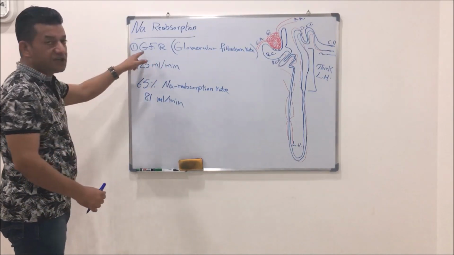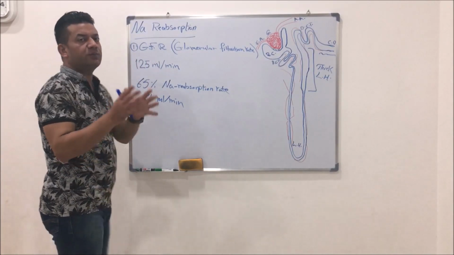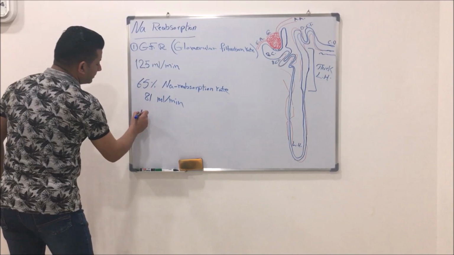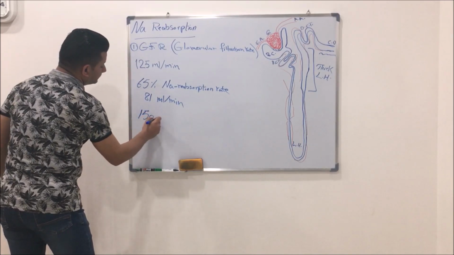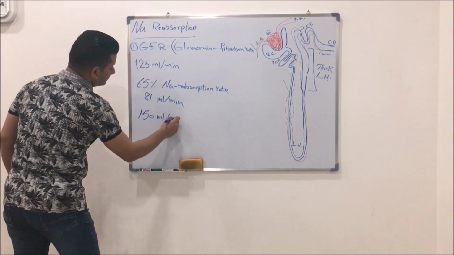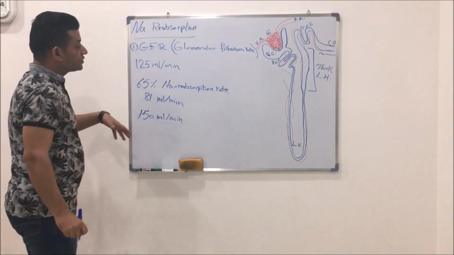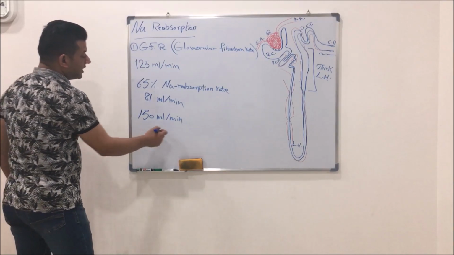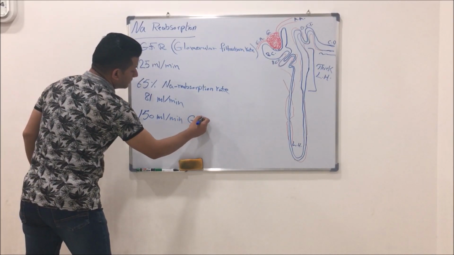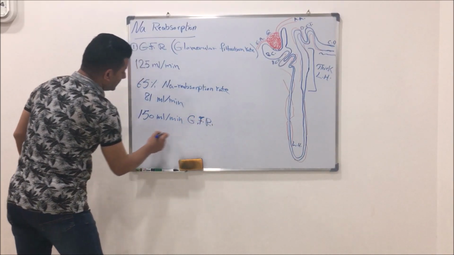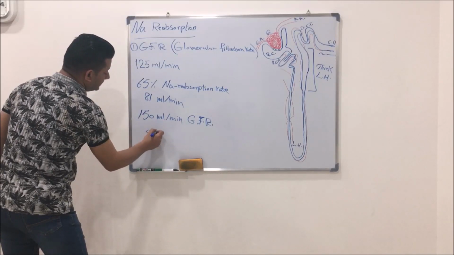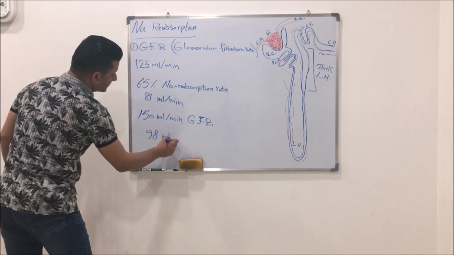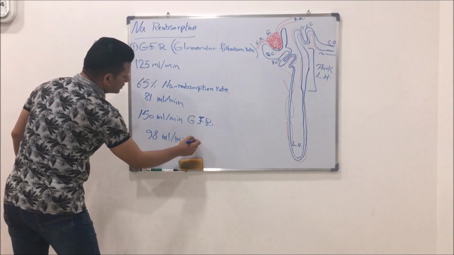So let's suppose that the GFR increases to about 150 ml per minute. The sodium reabsorption rate will also increase, reaching about 98 ml per minute.